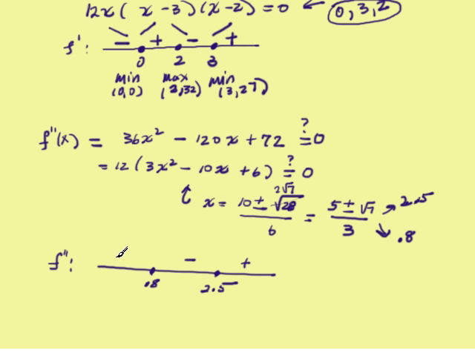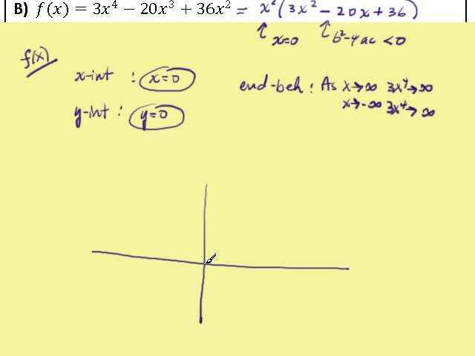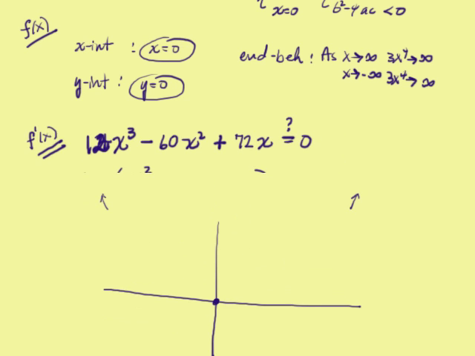And we get that pattern. So here we have concave up, down, up. And finally, we're going to put all the information together and draw the curve. Okay, we'll put in the x-intercept, and that's the x and the y-intercept actually, and then the end behavior going up on both sides. So that's all we got from f of x. We're going to move on to f prime of x.